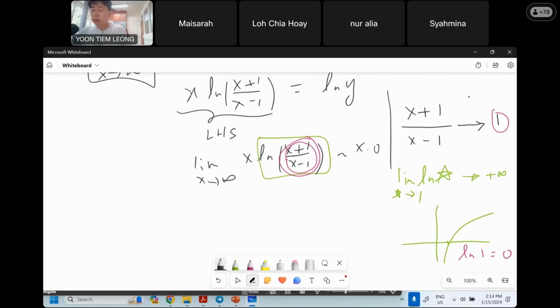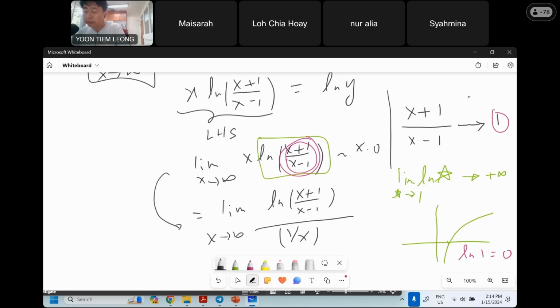So what you do is that you take down the x term and put it into the bottom so that it becomes 1 over x. These two sides of the equation are exactly the same, except that I'm just taking the x into the bottom so that it becomes 1 over x.